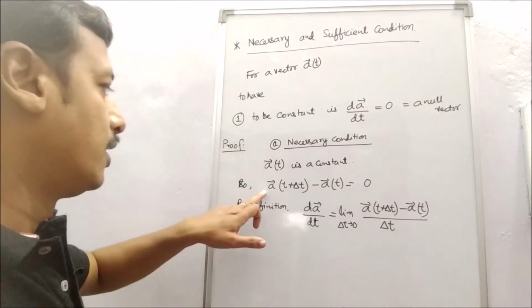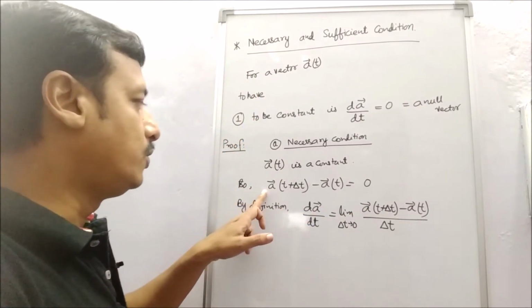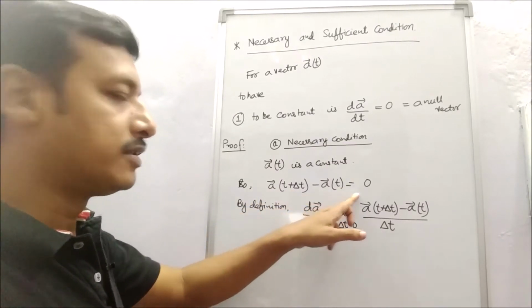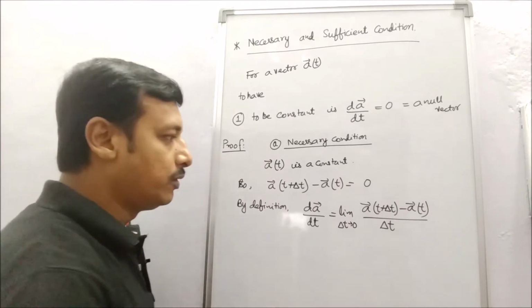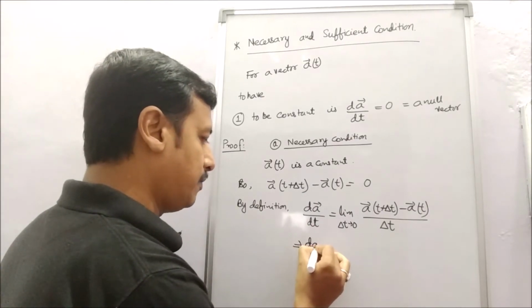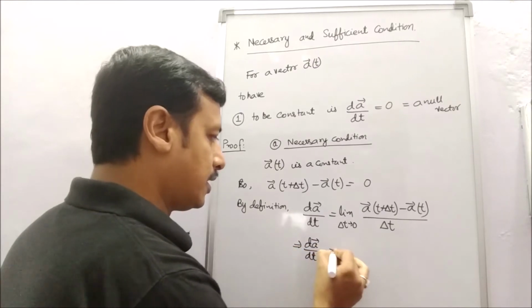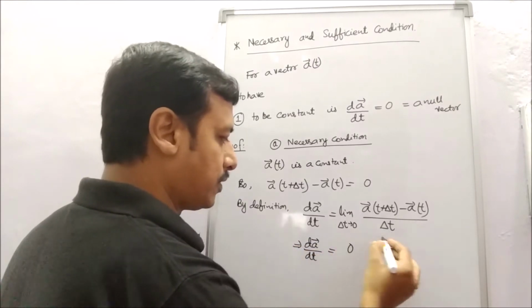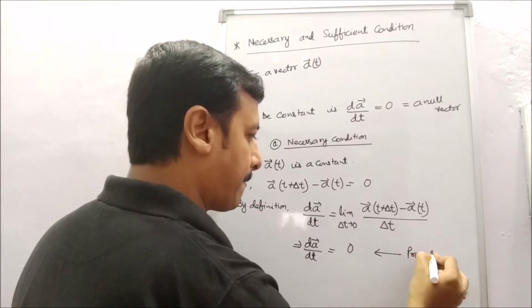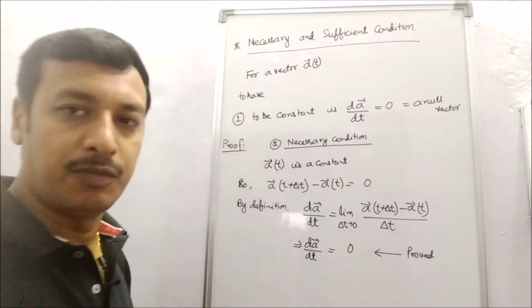But we have already shown here that A(t plus delta t) minus A(t) is equal to 0. So dA by dt is equal to 0. This is proved. So the necessary condition is proved.